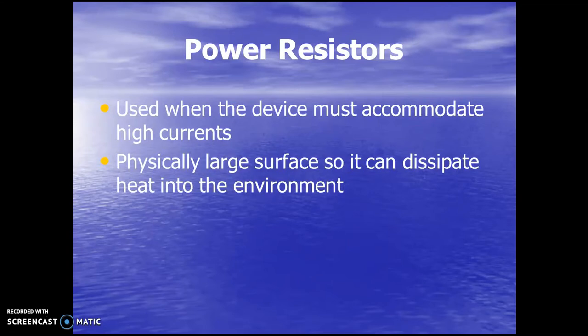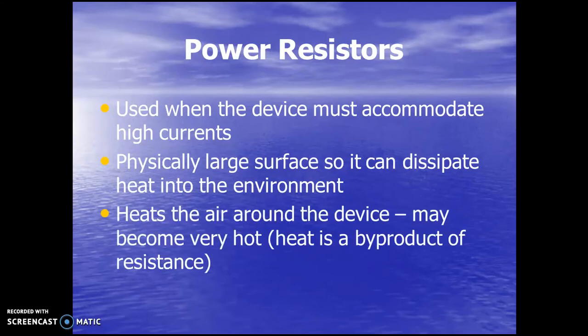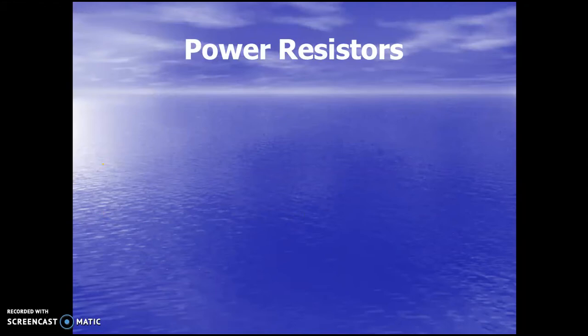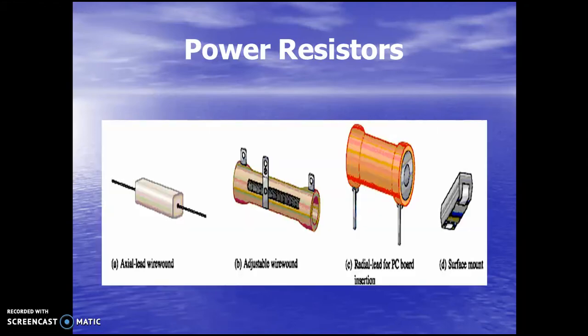And they pretty much always have a physically large surface to allow them to dissipate the heat into the environment. Interestingly, they heat the air around the device, and in some cases can be used to generate heat. So here are some cartoons of some power resistors. Invariably, though, they're going to be large, one way or another.